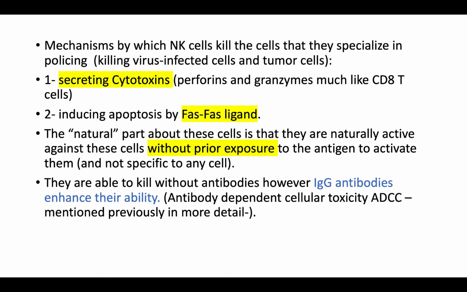They are able to kill without antibodies. However, IgG antibodies improve and enhance their ability, and this is part of the antibody-dependent cellular cytotoxicity mentioned previously in more detail. So we add this, that antibody-dependent cellular cytotoxicity also affects the job of NK cells to improve their killing and binding ability.